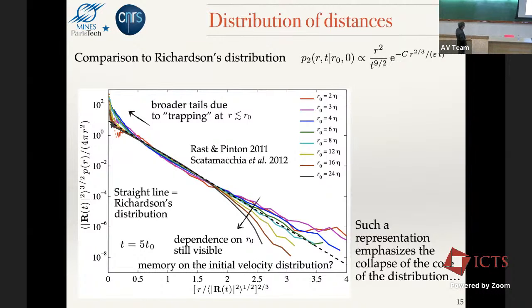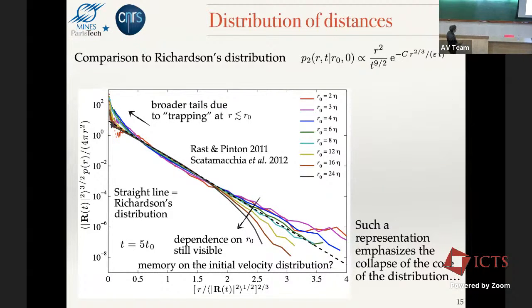So now what you see is that the data deviate at small separations. You have broader tails, so a larger probability for particles to remain closer than with Richardson diffusion. And then you have a very sensitive dependence on the other tail, on the initial separation, which means that maybe there is some memory of the initial separation R0 which goes further in time when you look at large separations.